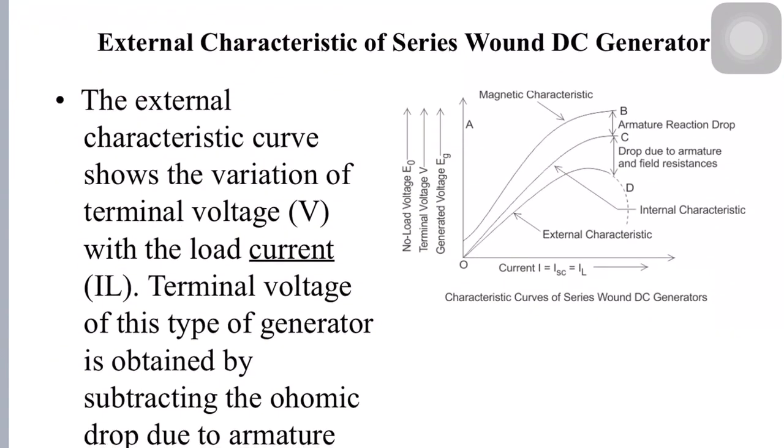Next one, external characteristics of series wound DC generator. The external curve shows the variation of terminal voltage V with the load current IL.